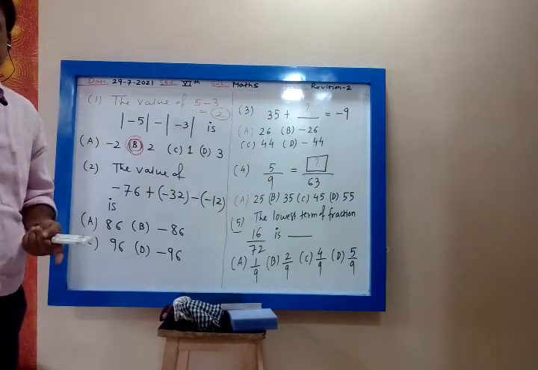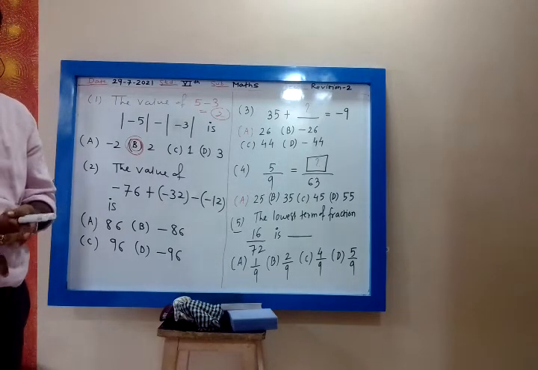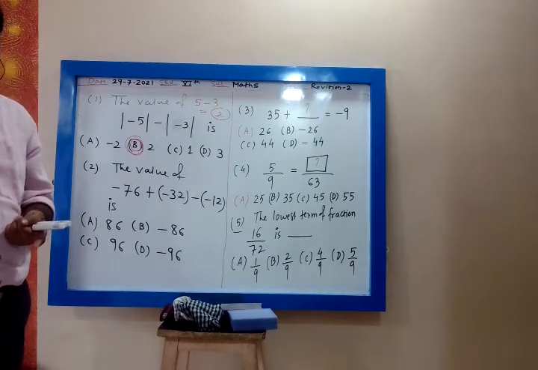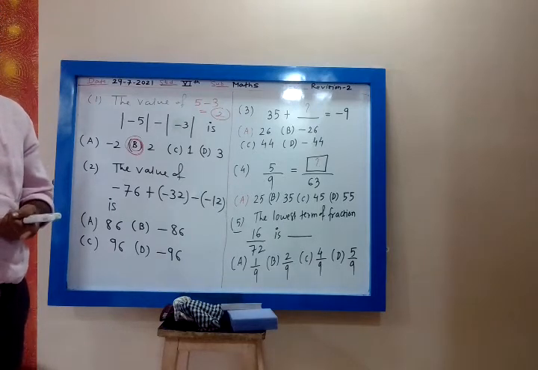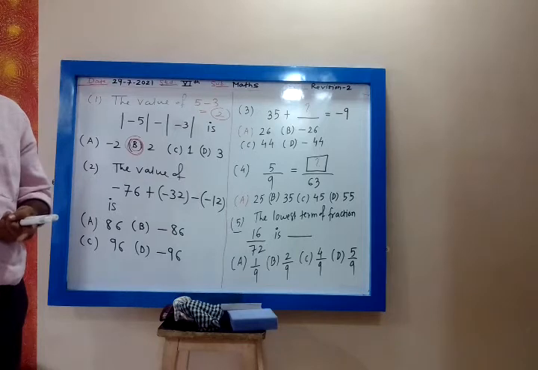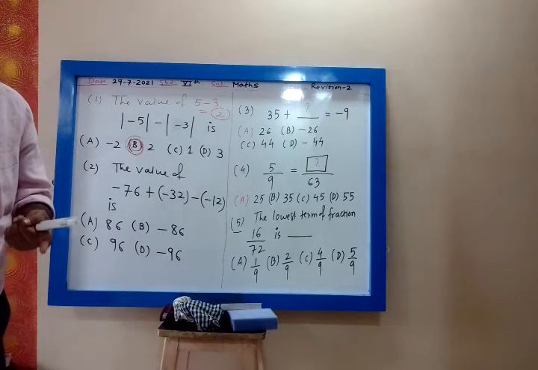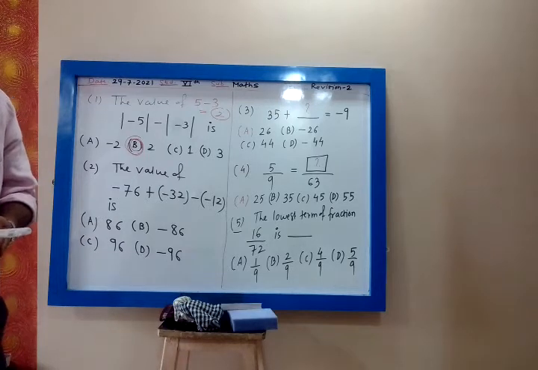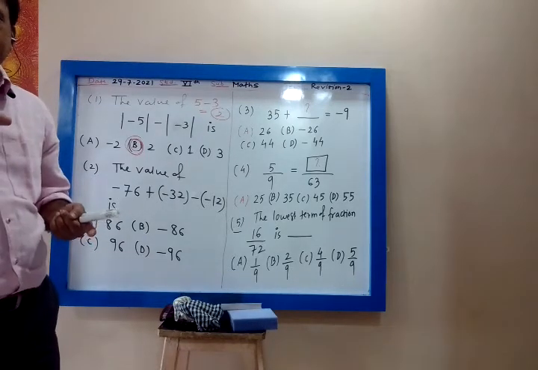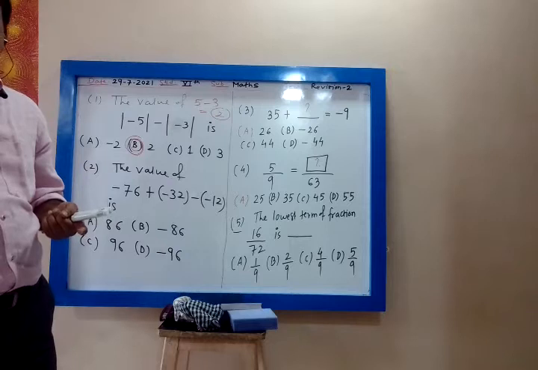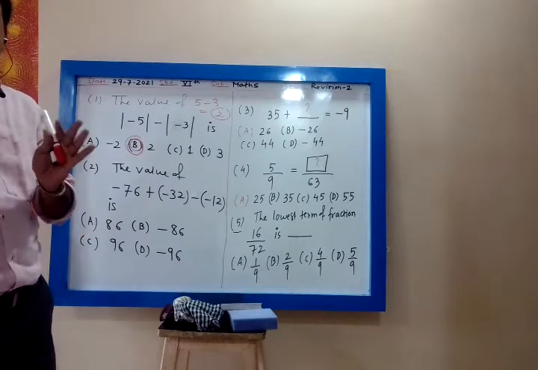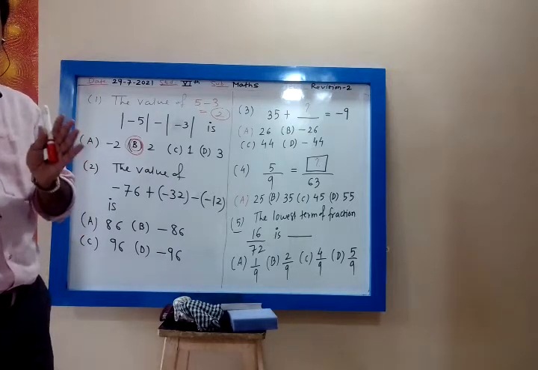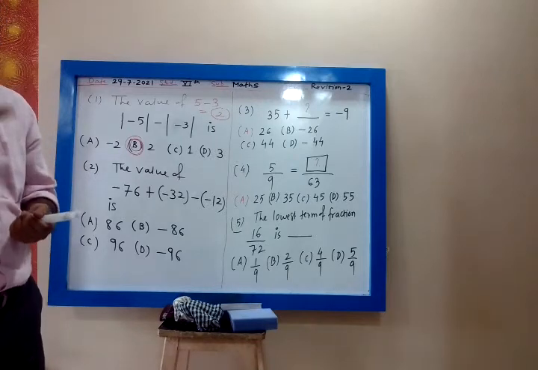Is there any student with plus 96? Plus 96. What is your name? One minute, my dear, let me speak. When I am speaking, you remain quiet because I am interacting with each one of you. Who has got plus 96?